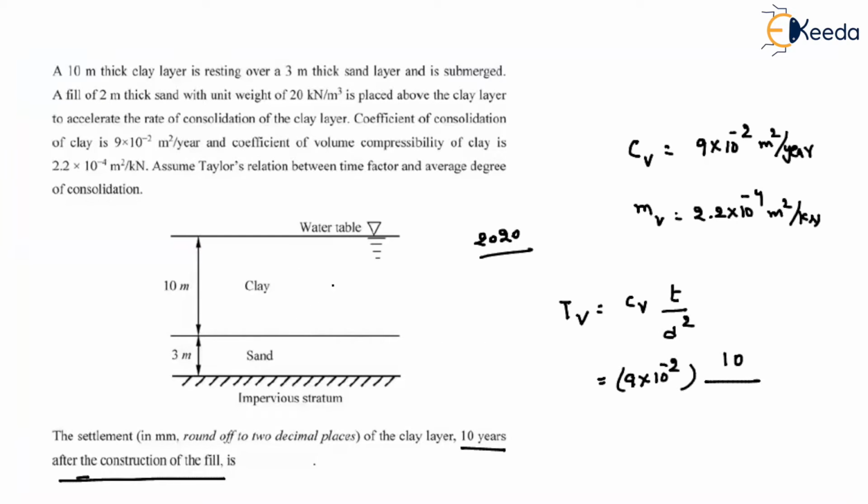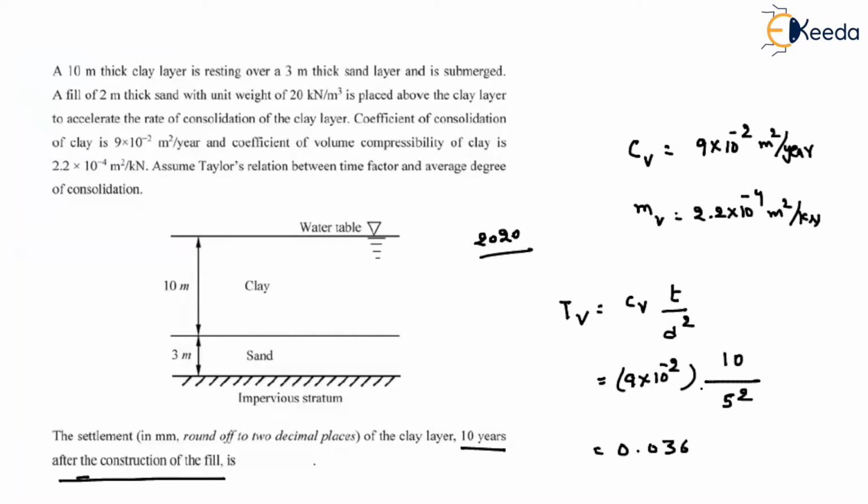As it is clay, it can drain to both top and bottom, so the drainage path is 10 by 2, that is 5 square. If you solve this, how much are you getting? 0.9 divided by 25. So this value is around 0.036.